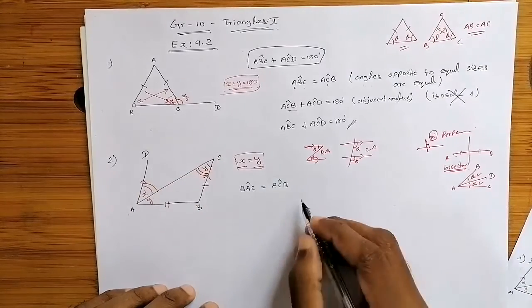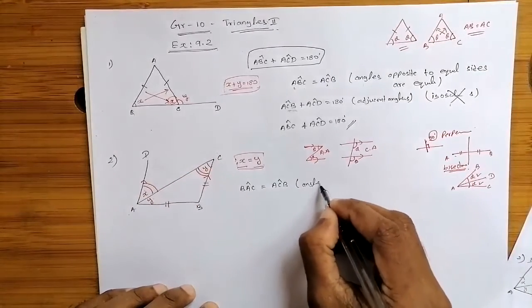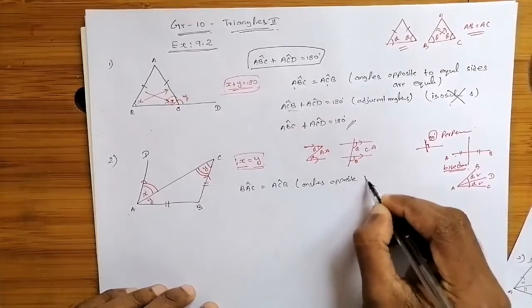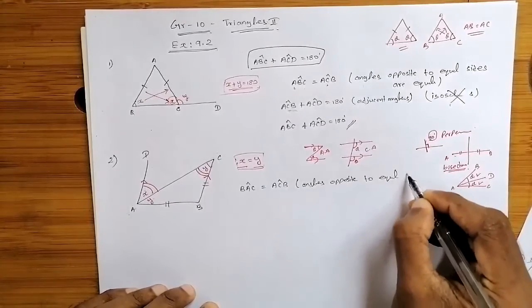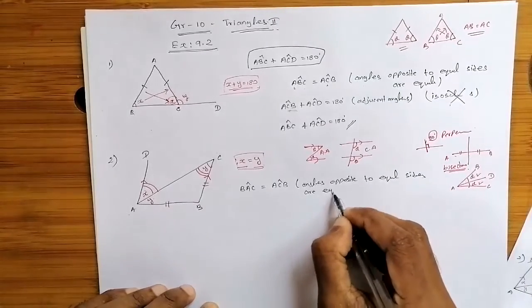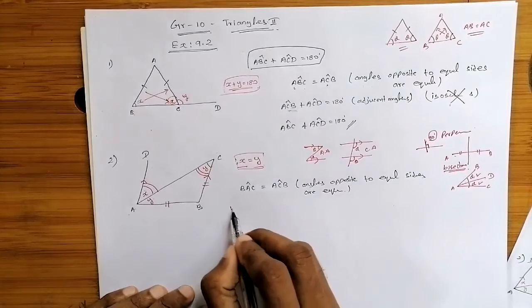Those are equal because angles opposite to equal sides are equal. You need to write in full form.